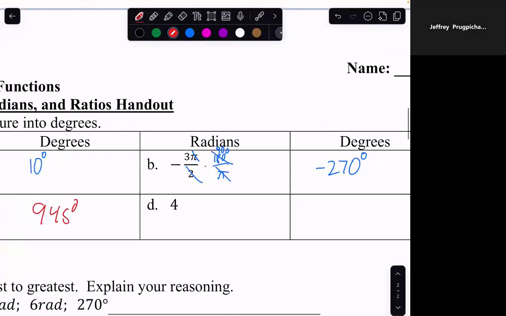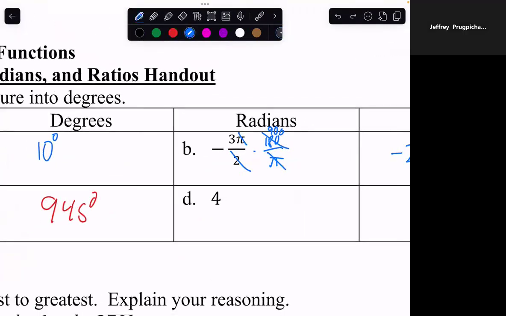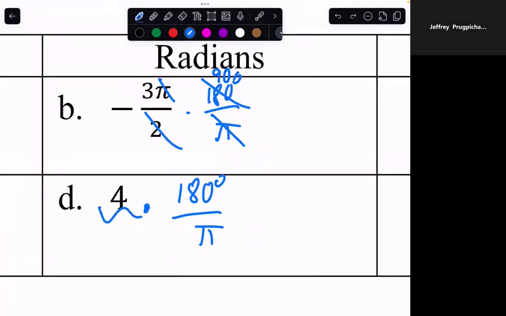Okay, so the last one you hopefully noticed is not 4 pi, it's just 4. Okay, so you do still multiply by the same conversion factor of 180 degrees over pi. But unlike the previous problems, there's no pi in the numerator to cancel this one out. Okay, so if it doesn't cancel out, you just have to keep it.